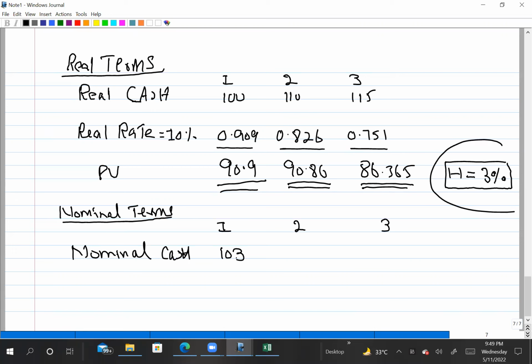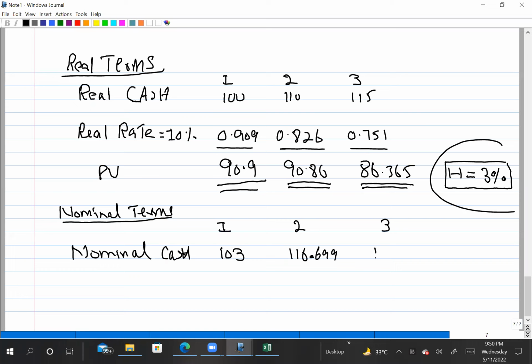For year 2, it will be 110 into 1.03 raised to power 2, so we have 116.699, and for year 3 we have 115 into 1.03 raised to power 3.